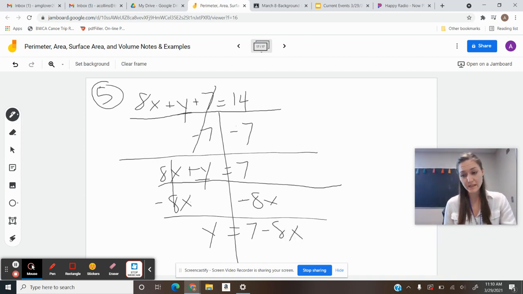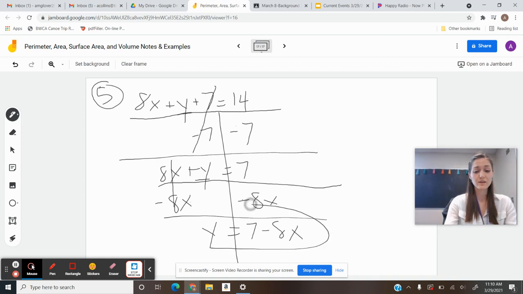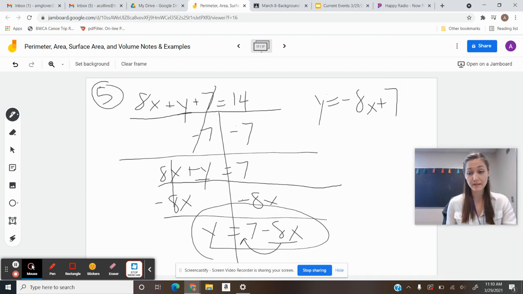And because I'm a social studies teacher teaching math, I'm going to count this as slope-intercept form. But if you wanted to get real fancy, you would just move this minus 8x in front of the 7. And your answer could be minus 8x. Because this is a positive 7, there would just be a plus in front of it, plus 7. But this answer works just fine.